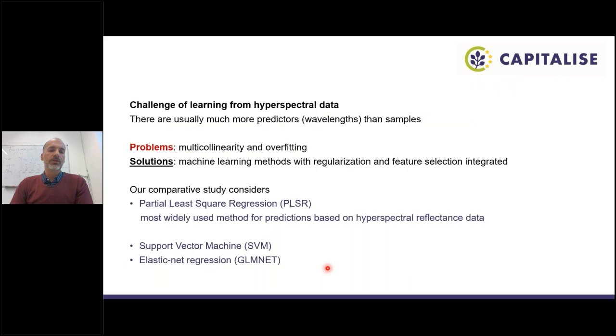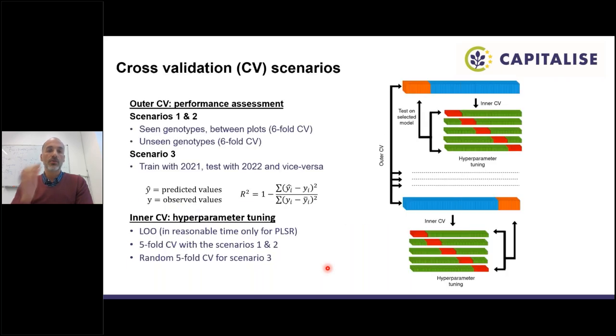Tightly related to the issue of overfitting is the issue of cross-validation. So we perform two types of cross-validation. The first one is done for the purpose of performance assessment, and this is done in three scenarios. In scenario 1 and 2, we are dealing with model learning with data from a single season, from a single year.